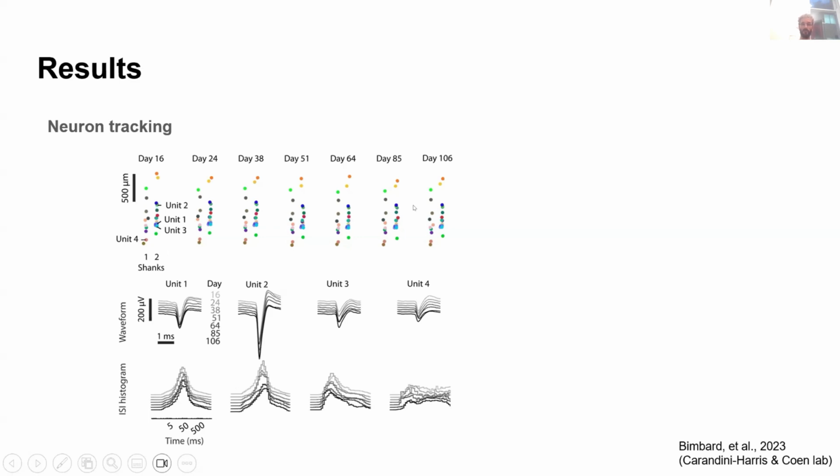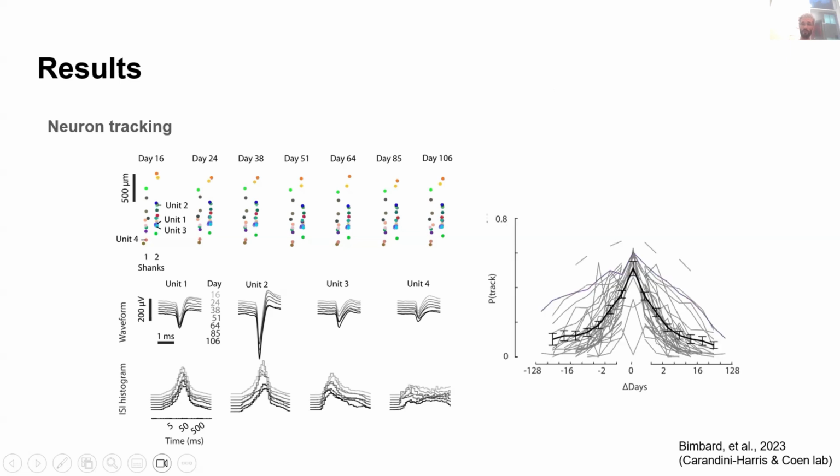But Annie is going to go into depth about it. What I want to emphasize here is that the probability of tracking neurons across days, even if your implants are quite stable, usually decreases over time. So you may resample the population of neurons that you have around the probe, and it can be pretty hard to track neurons across days. Okay, it's still doable, and after 100 days, in some cases we still had a 0.2 probability of tracking the same neurons. It will depend on the setup you use.